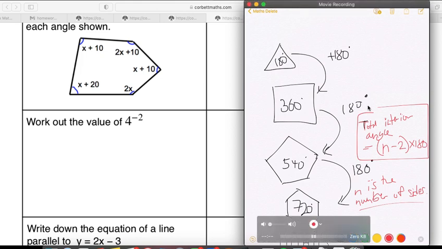So this is a very important formula. Anytime angles in a polygon come up, this is what you'll be using.